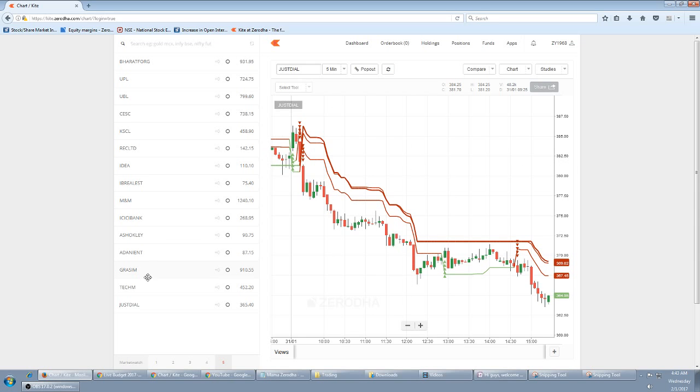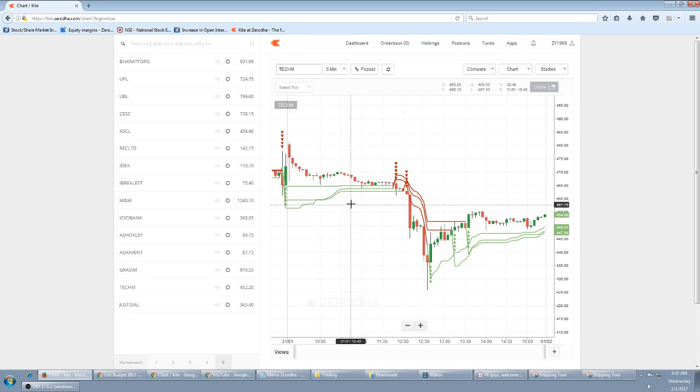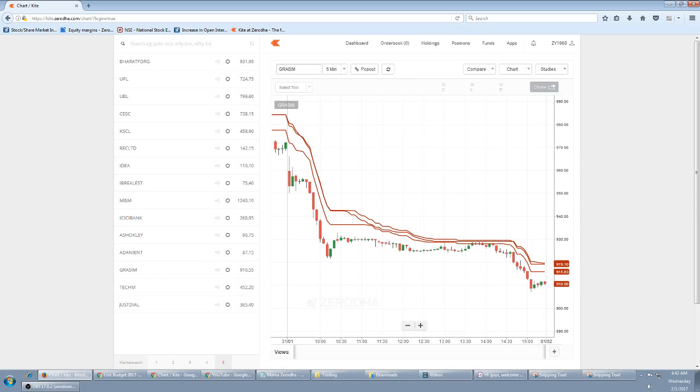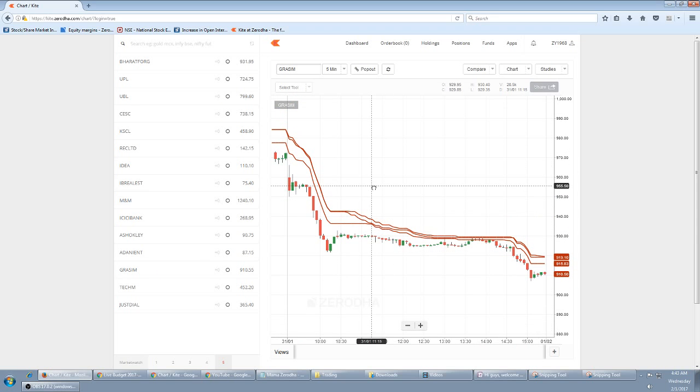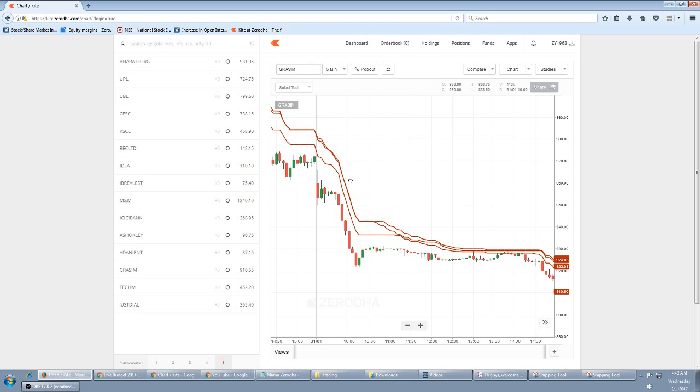If I get on to TechM, this is also the same thing. You get all the 3 red arrows, and then you get in, and then the stock goes down. Grasim, for example. This is quite a different example. Now, the red arrows were formed yesterday itself, and what happened today was the flow continued.